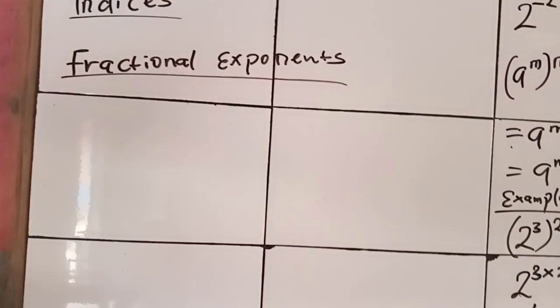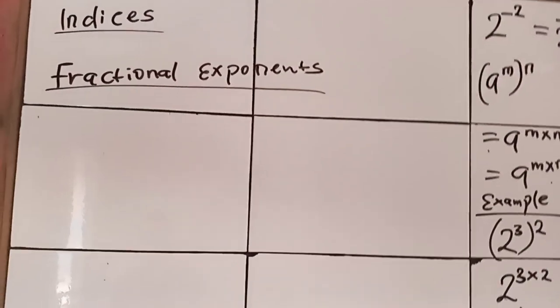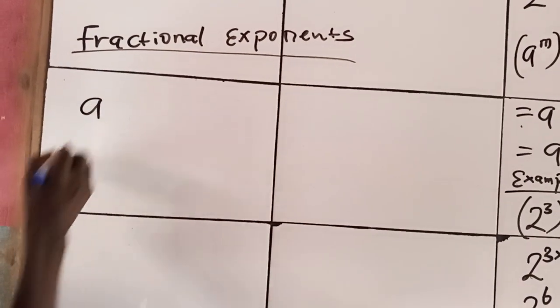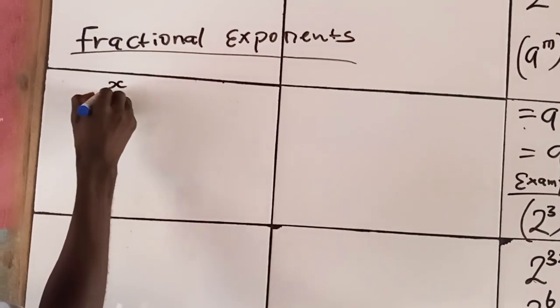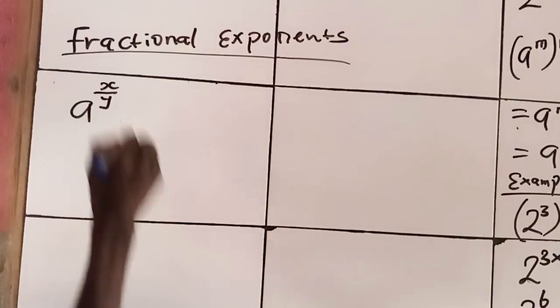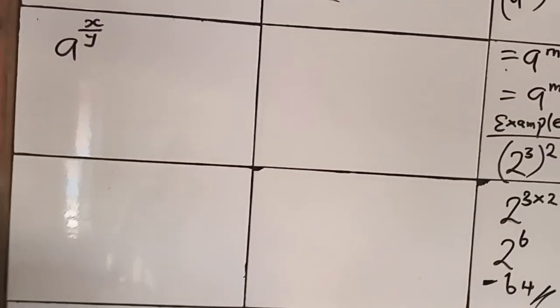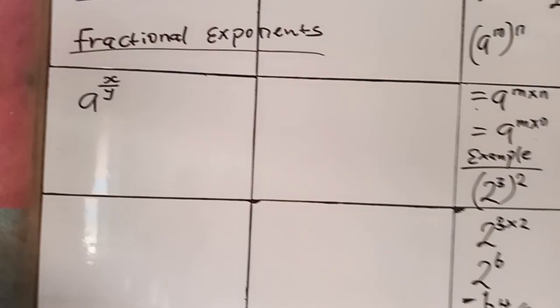So we have this law called a fractional exponent. Let's say, for instance, you have a raised to the power of x all over y. You see that the a is the base, and the exponent is in fraction.